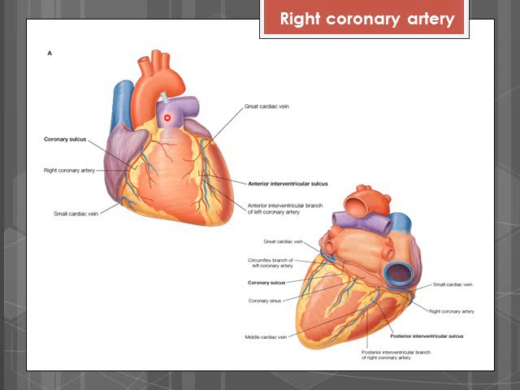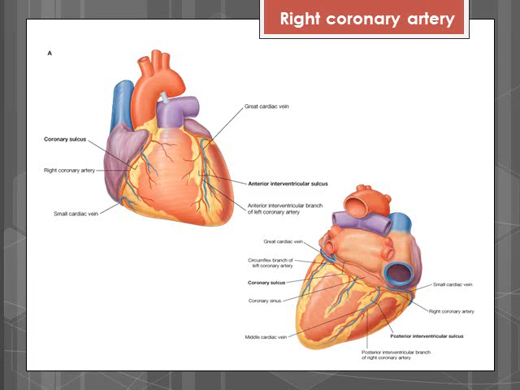Also, we have here the pulmonary trunk, two pulmonary arteries, ascending aorta, arch of aorta, superior and inferior vena cava. This is the superior vena cava, and this is the inferior vena cava.